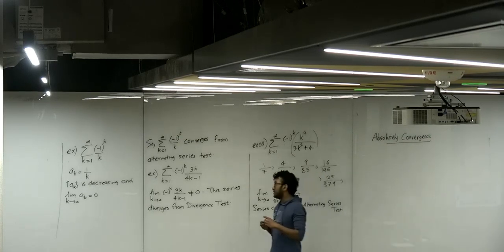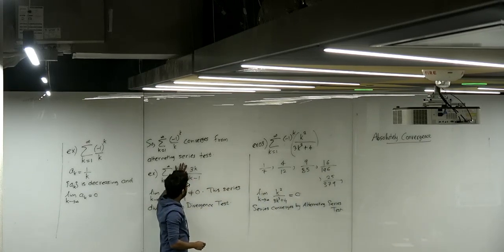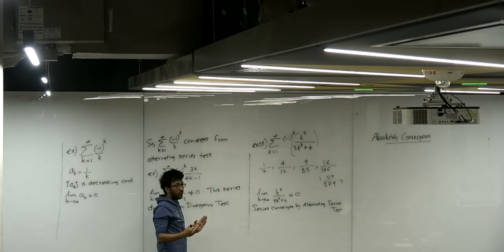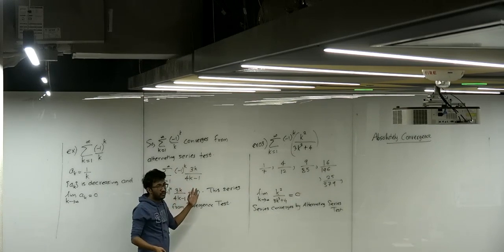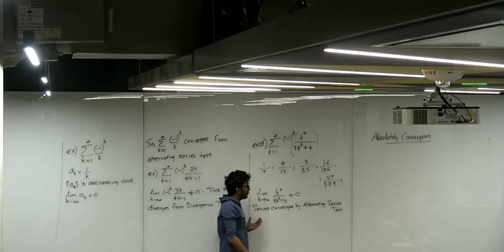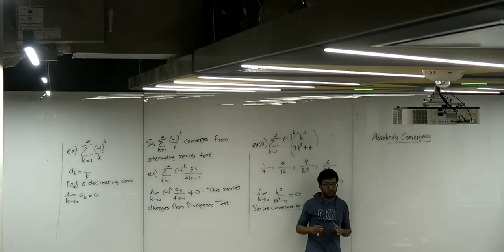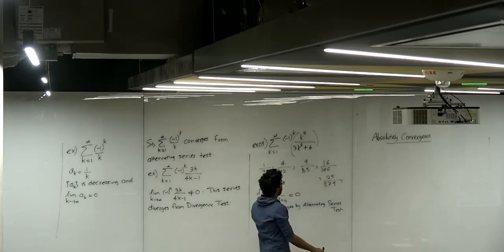Instead of considering the alternating series, we are going to consider its absolute value. If you are considering absolute value, that means your terms are positive. Then you can apply all the tests that you learned up to 8.5. So that is the advantage of this discussion.